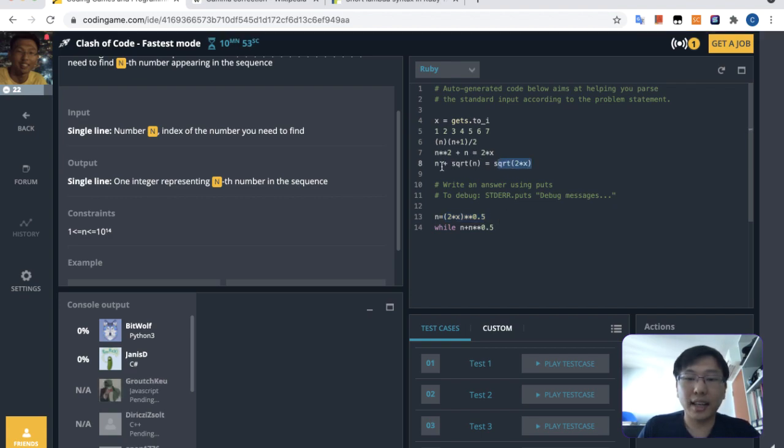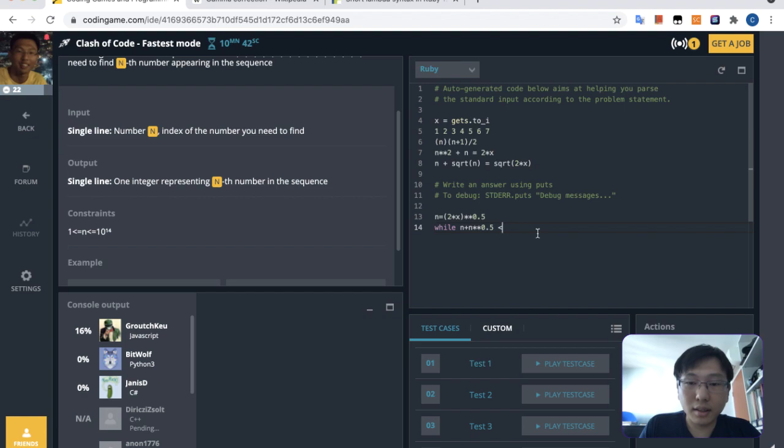So it should give us an n that is already very close to this. Then n plus square root n is smaller than, or actually I can just do this.